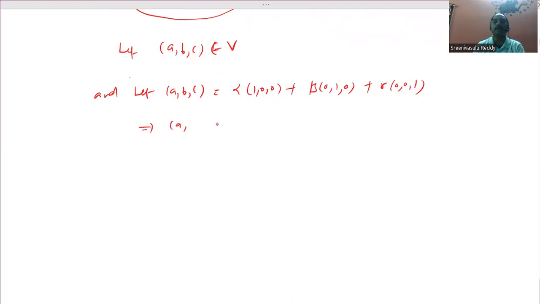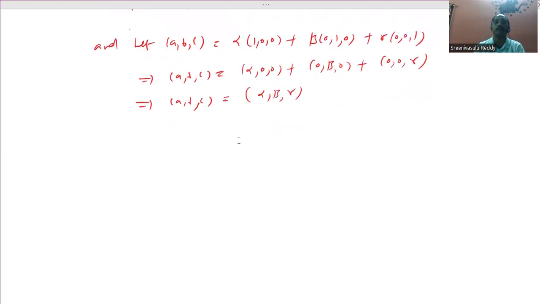That implies A, B, C equals alpha, beta, gamma. Adding these three vectors, we get like this. Now, alpha in terms of A: alpha equals A, beta equals B, gamma equals C.